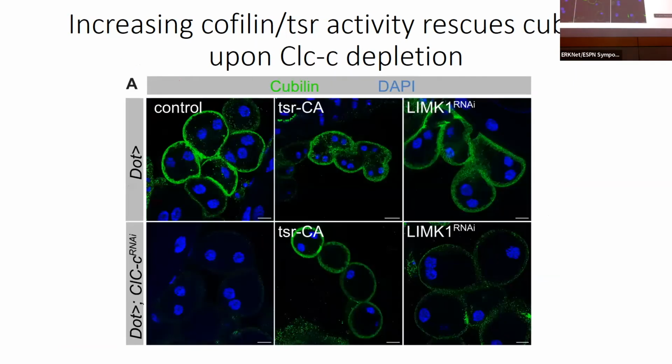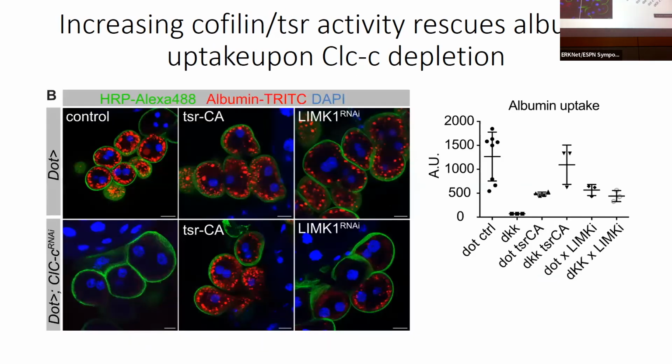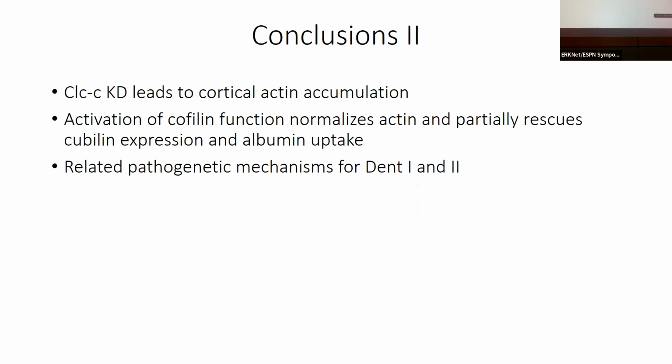And what happens now when you look at cubulin? Indeed, in both cases, you restore the cubulin expression. And also, when you look at the albumin uptake, this is also partially, at least partially, rescued. So to summarize, the Cocc knockdown, which is the homolog of OCRL, leads to a strong cortical actin accumulation.